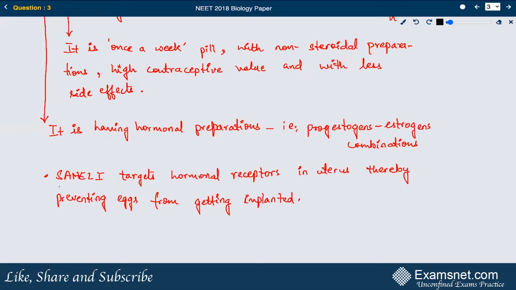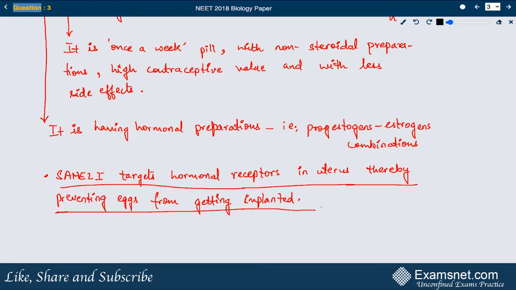All right. So this is the main answer that we can see.